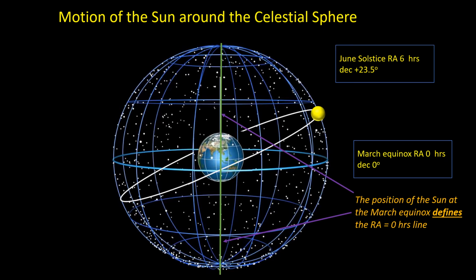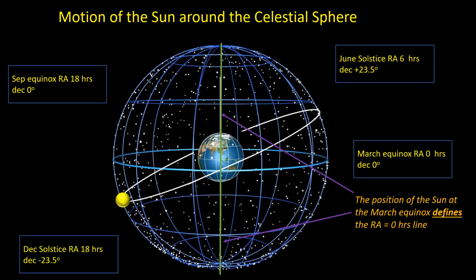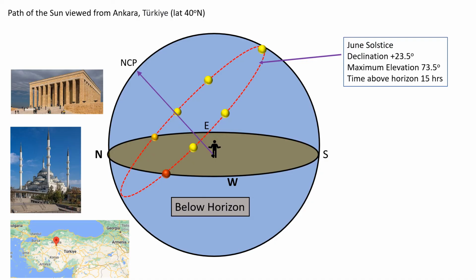It goes up to 23.5 degrees declination at the June solstice, back to 0 declination at the September equinox, and in the December solstice it is at its lowest declination, minus 23.5 degrees. It's this change in declination of the Sun which means that the Sun follows a different path through the sky at different times of year.